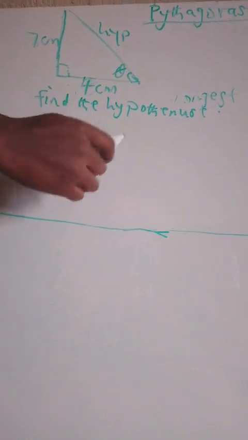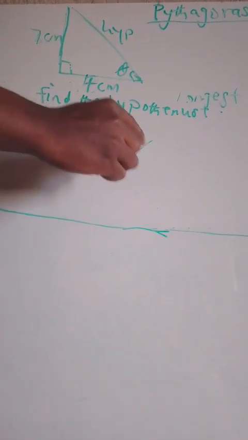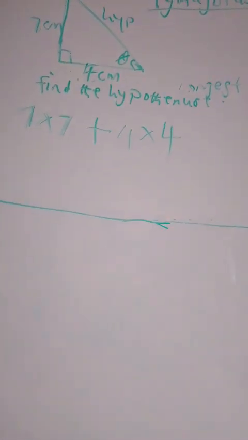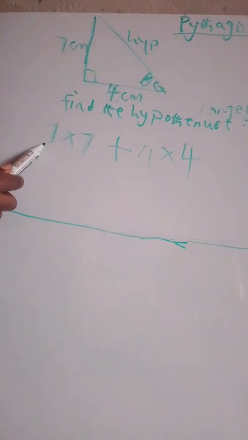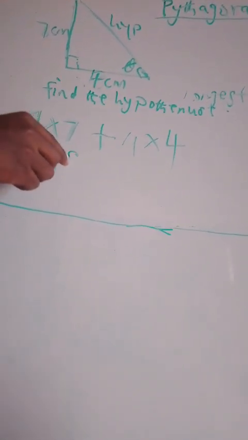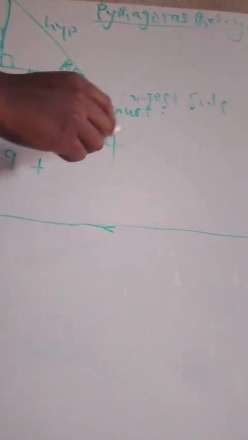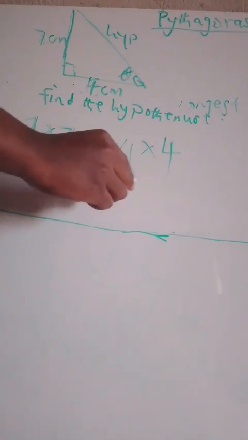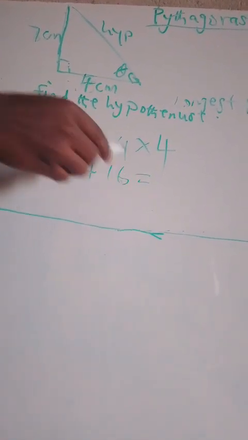Then you come to this part, we have 4, so you write 4 times 4. 7 times 7 is 49, plus 4 times 4 is 16. We are done with step 1.